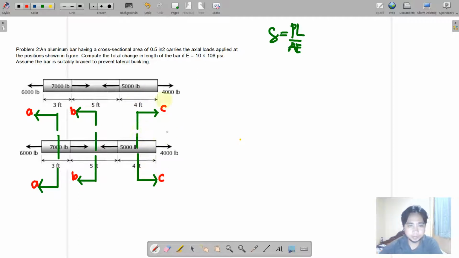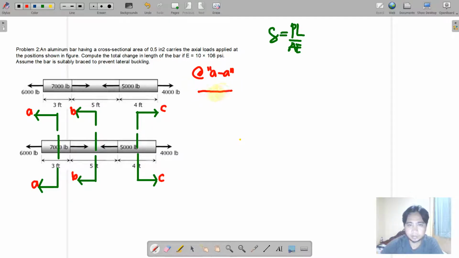So first, let us draw the section AA. What will be the figure?